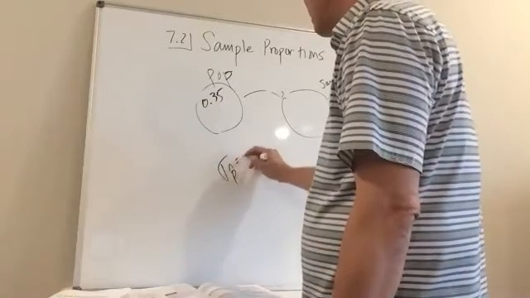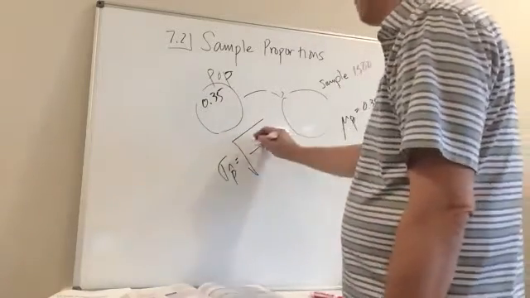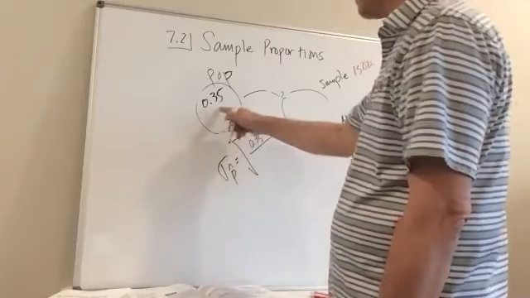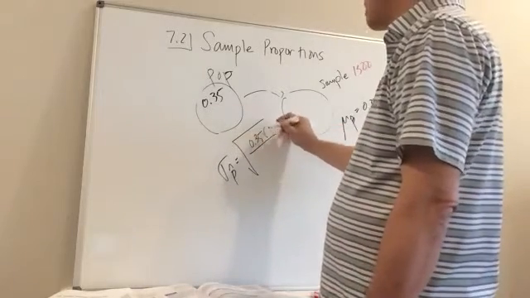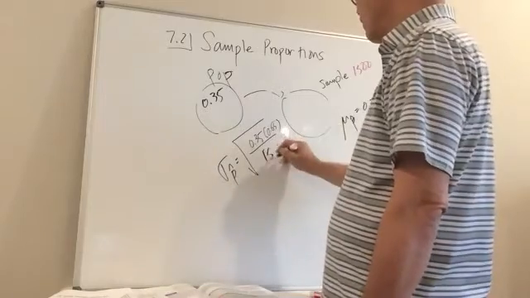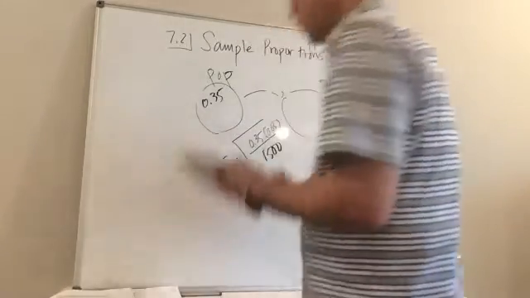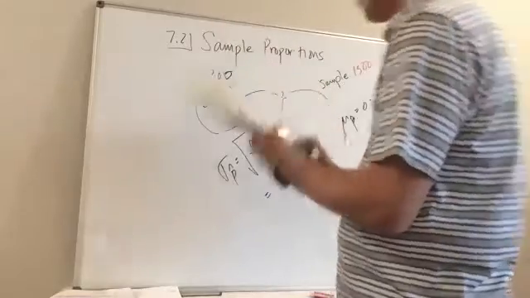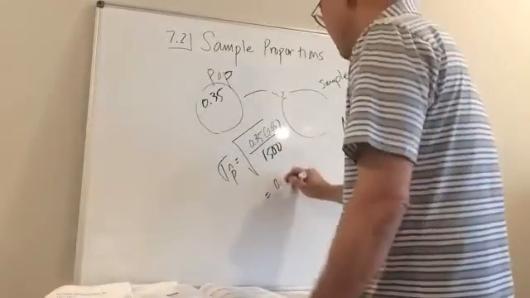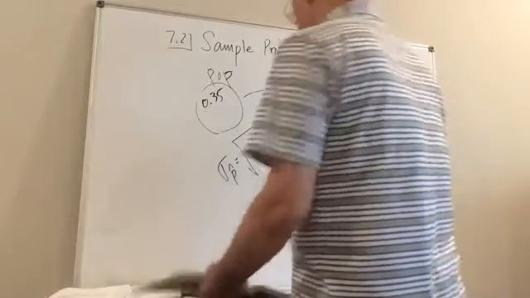Sigma p hat is equal to the square root of 0.35, that's p, times 1 minus p, which is 0.65, over 1,500. If I do that, the book tells me that I get 0.0123.